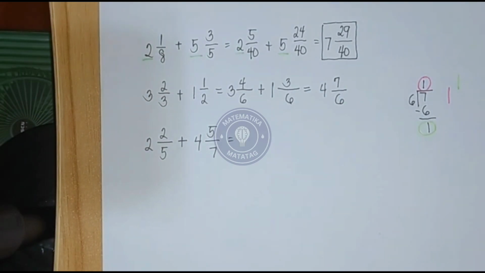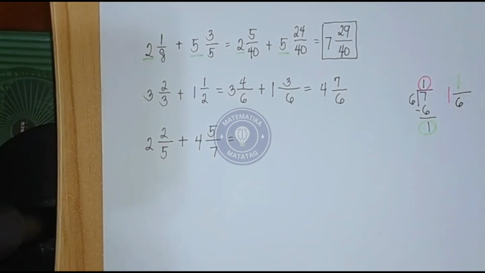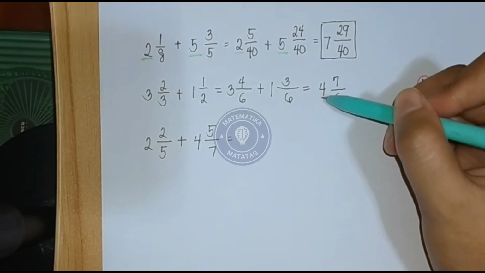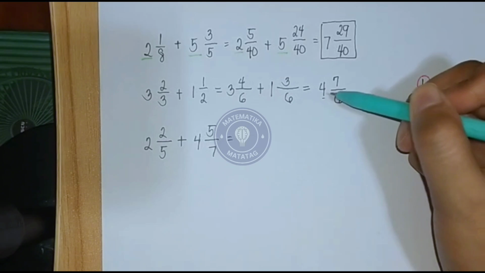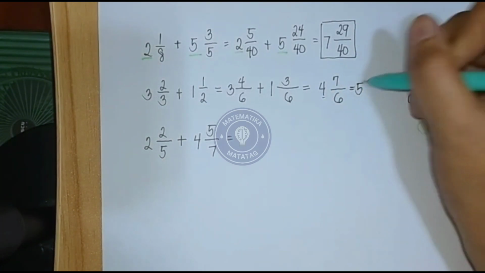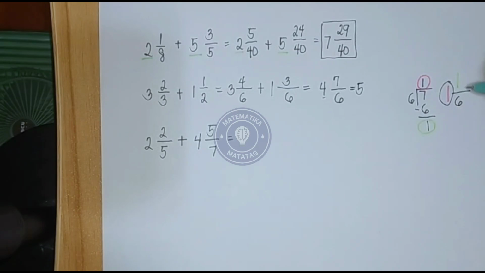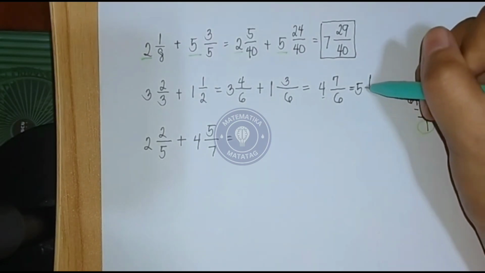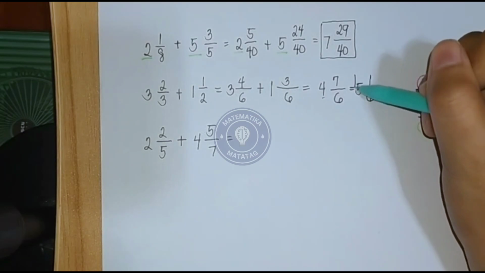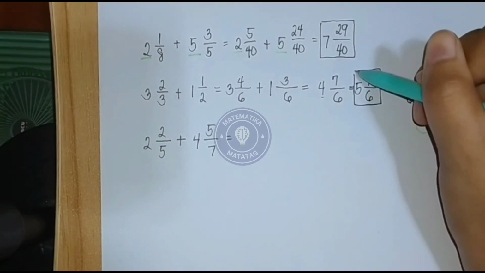And just copy the denominator, 6. Since we have here our whole number, we need to add the whole numbers. So 4 plus 1 is equal to 5. And then copy the fraction, 1 over 6. This will be our final answer.